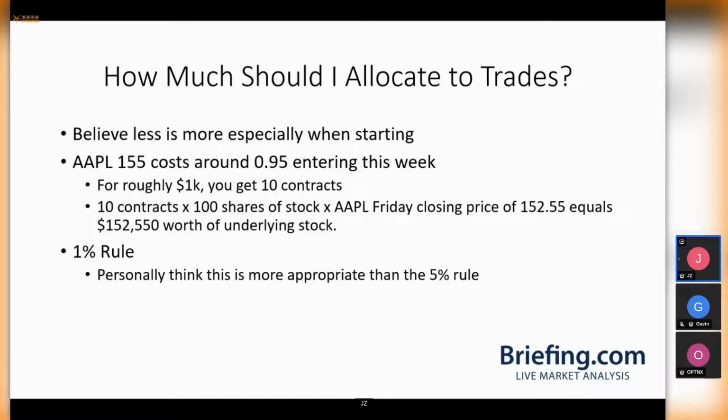In the case of this Apple option that we're using as the example, what would be a stop that would be appropriate for that? Yeah, so I'm more of a believer in percentages when it comes to options. It can be tricky if you're going to use, let's say, a moving average as support, because you might not know what that option's price is going to do in that drop.